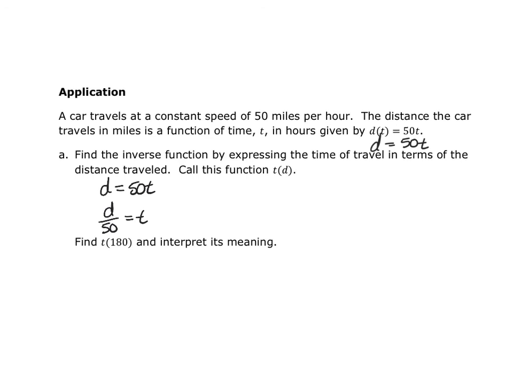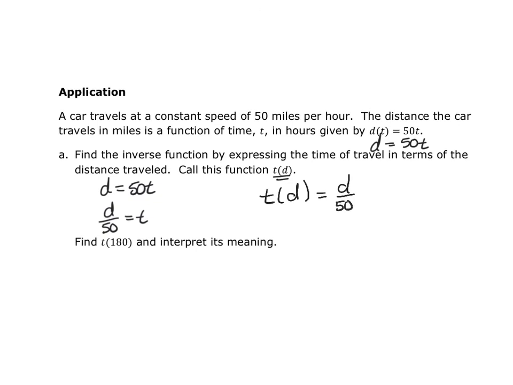And unlike before where I was asked to do d inverse, what they're asking us on this one is to label it t of d. So the function is the time with respect to the distance. And so my variable this time is the distance. So it's the distance divided by 50.